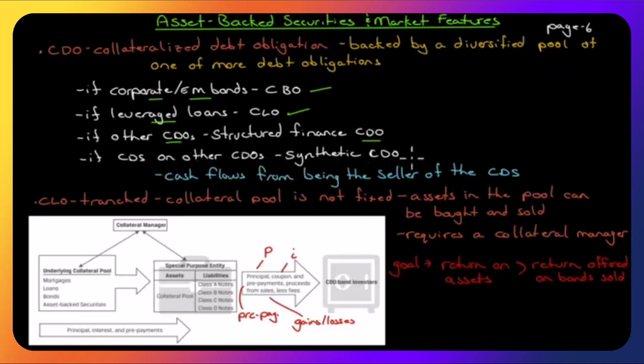The cash flows from this come from being the seller of the CDS. This is an insurance policy. Buyers will buy the CDS and pay a regular premium to the seller for credit protection. The seller sells the protection, and that's the source of the cash flows. So a CDO can have a bunch of loans backing it, right?